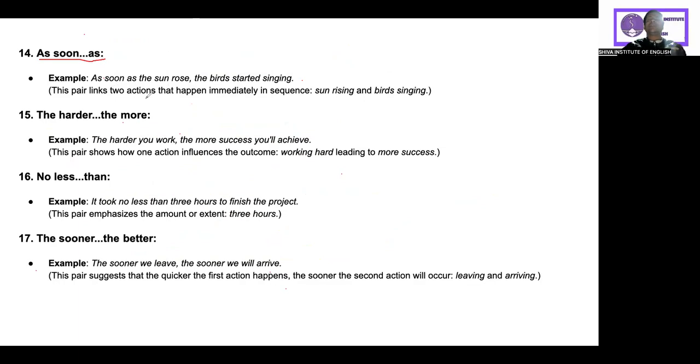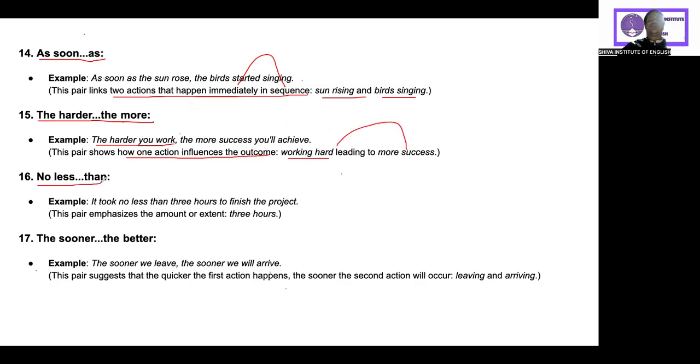This pair links two actions that happen immediately in sequence, the sun rising and the birds singing. Next, "the harder, the more": "The harder you work, the more success you will achieve." This pair shows how one action influences the outcome. Working hard leads to more success.